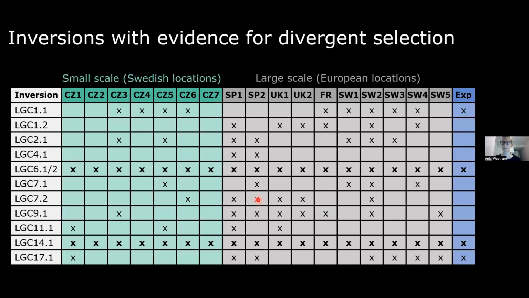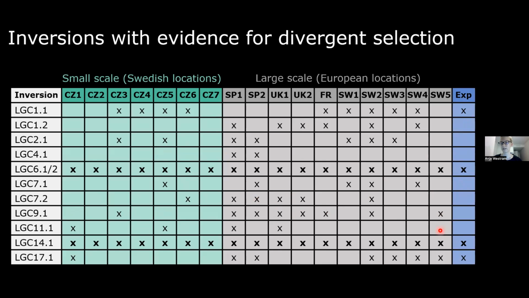So if we finally look at this big table again, this is what I already said more or less. We can see that some of the inversions that we know from previous studies also contribute to adaptation in this experiment.